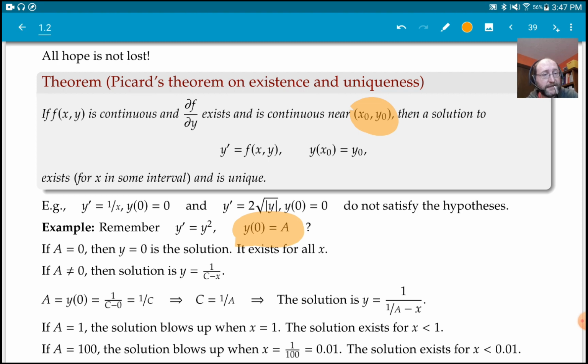So the solution exists anywhere from minus infinity, but in the positive direction only up to 0.01. It no longer goes up to 1 as before. But it's still some interval, and that's all Picard's theorem says.